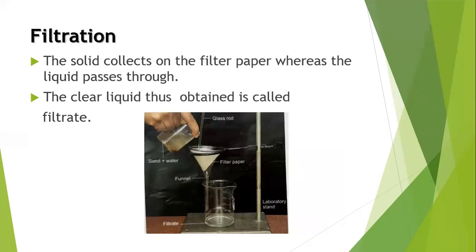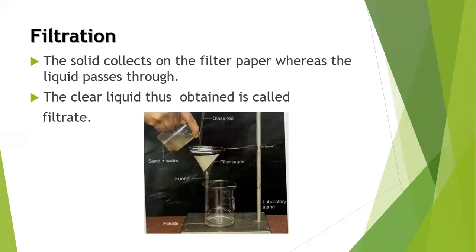Next is filtration. By decantation, a liquid is not completely separated from an insoluble solid. So filtration is a better method. A circular filter paper is folded along its diameter into two semicircles.